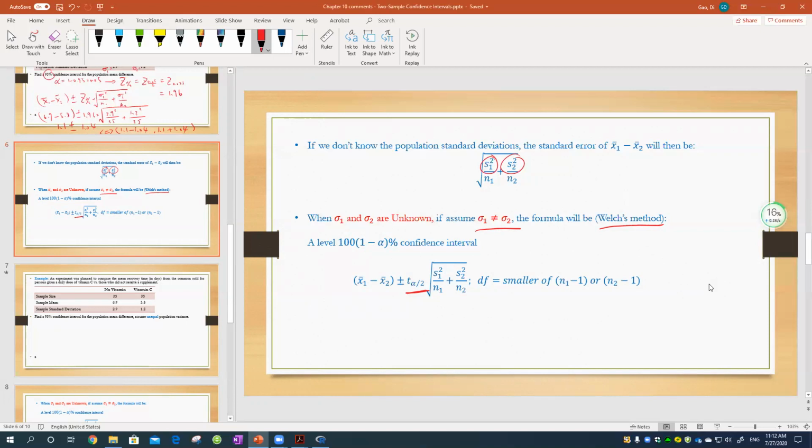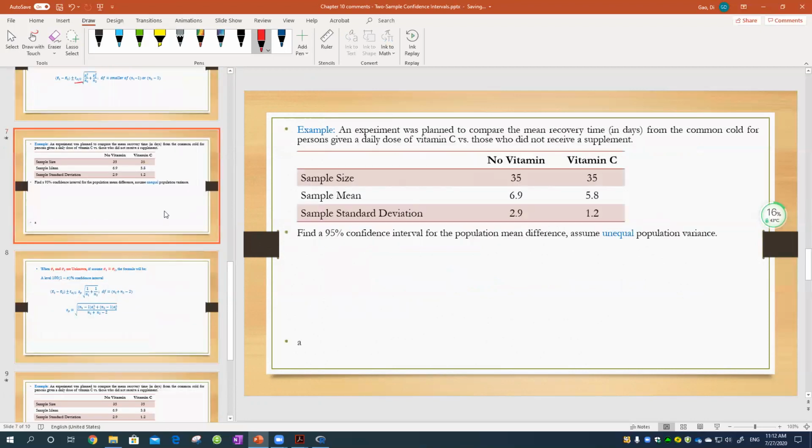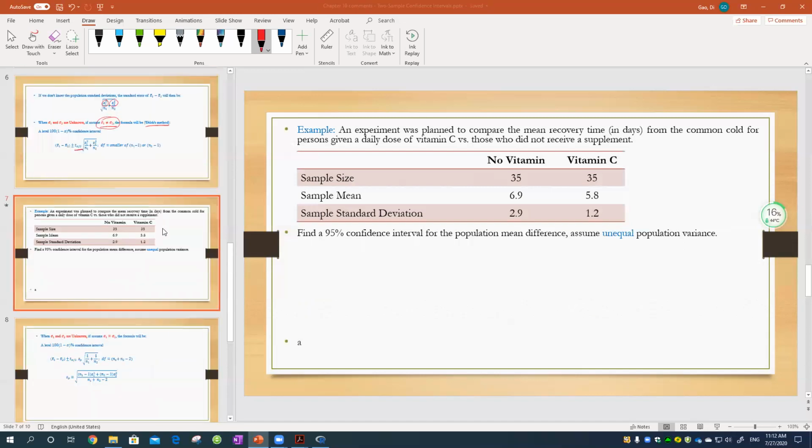The rule of the degree of freedom will be the smaller of n1 minus 1 or n2 minus 1. So when we assume the population standard deviations are not equal, we actually have a very similar formula. That is to change z to t, like we discussed before.